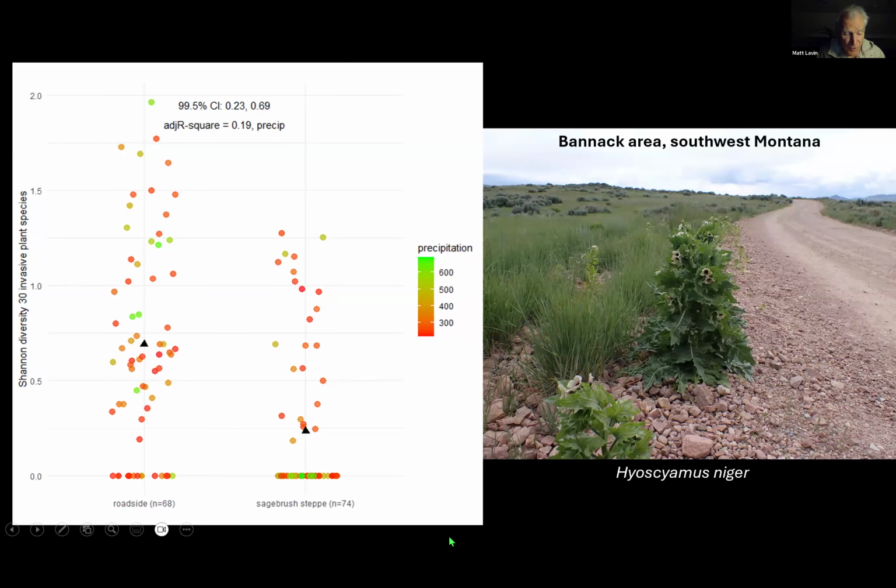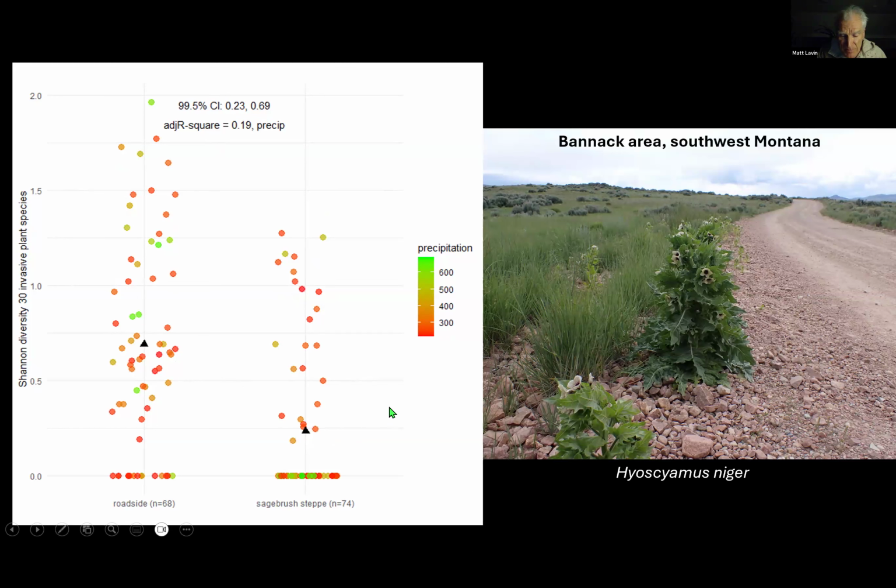All 30 that we sampled are state and county listed introduced forms. For a group of 30 plant species, and again, you can see that the confidence intervals are both positive. So this mean value here is significantly greater than this mean value over here, roadside greater than sagebrush steppe.